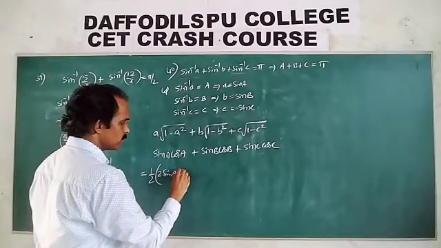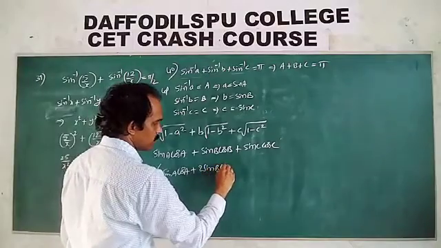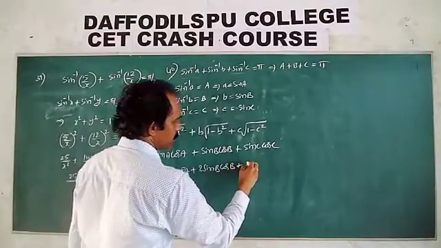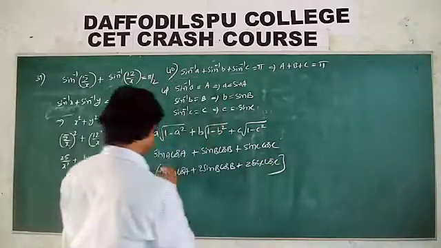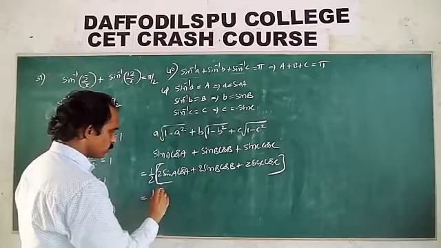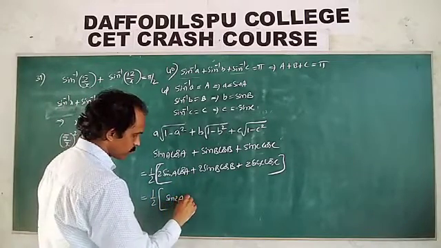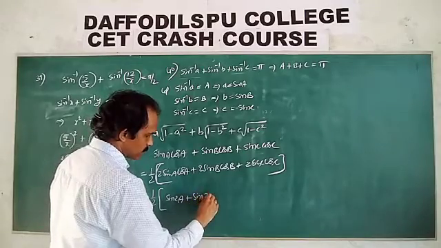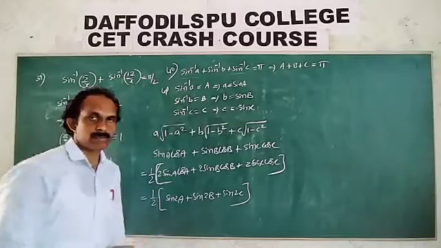Okay, so multiply and divide by 2 with each term: 2 sin A cos A, 2 sin B cos B, 2 sin C cos C. So 1 by 2 times sin 2A, sin 2B, sin 2C.